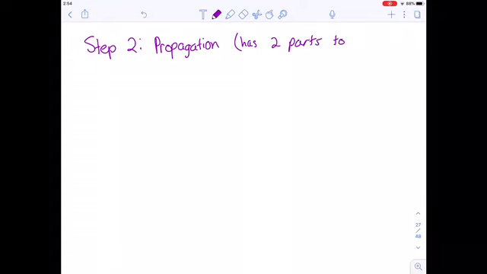Okie dokie. So step 2 is the propagation step, and this has 2 parts. So step 2, propagation, and then in parentheses has 2 parts to it.